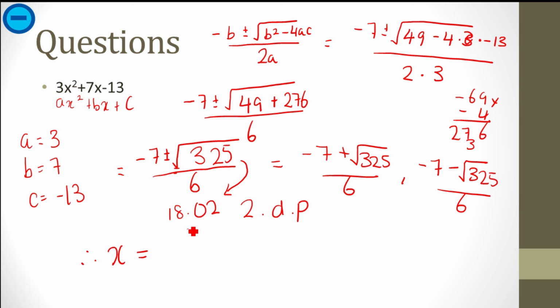So, the square root of 325 is 18.02. We take that away from 7. Well, actually, no, what am I doing? We need to take 7 add 18.02, sorry.